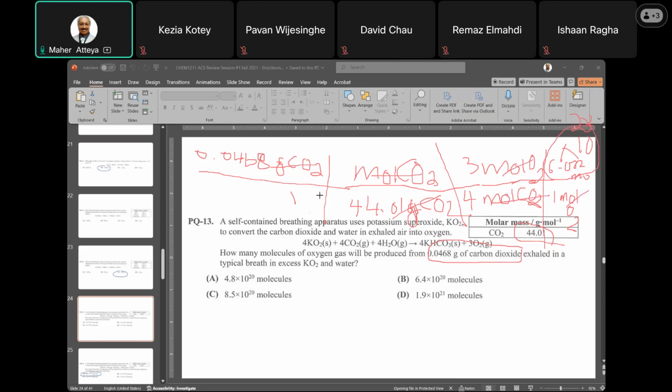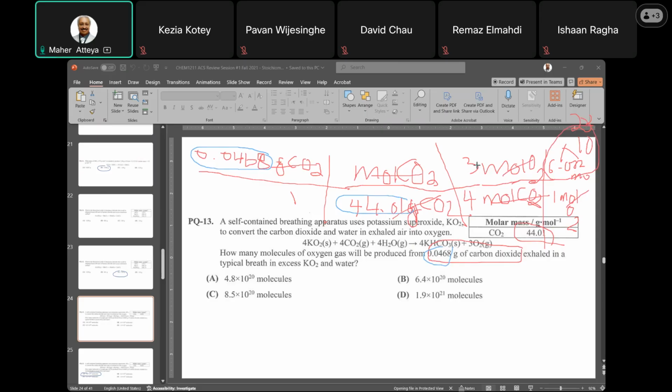You multiply the amount given at the beginning, 3 sig figs, divided by the 4 sig figs, 44.01.